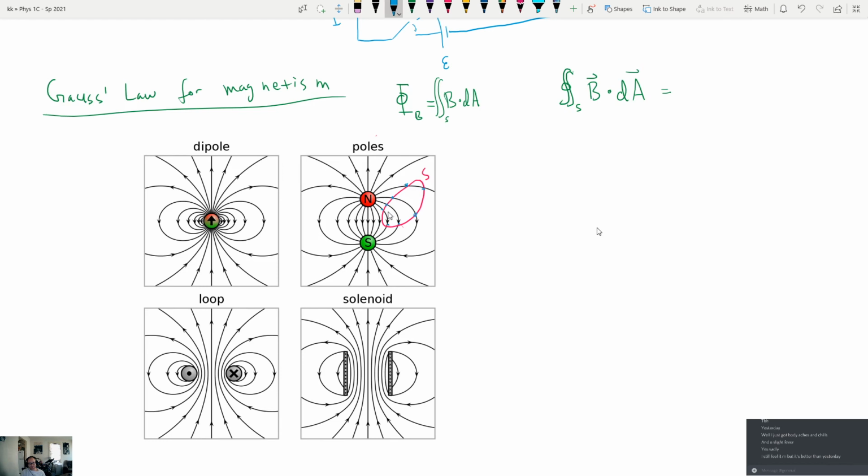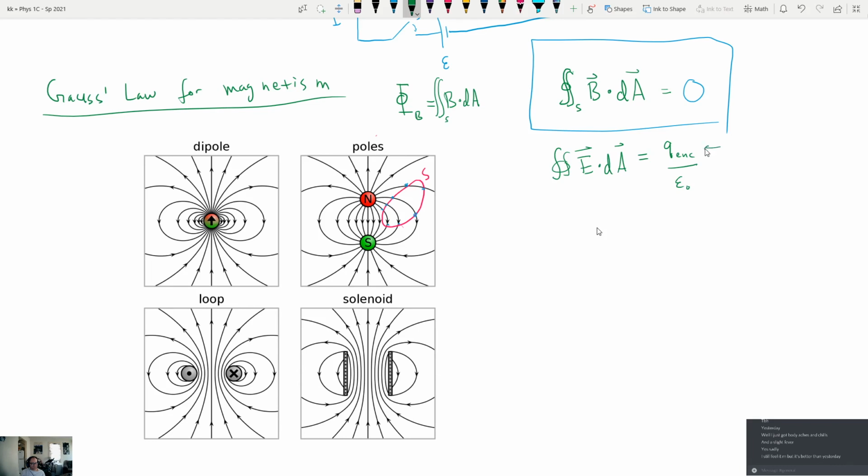So that is pretty much what you're always going to get with magnetic fields. This is Gauss's law for magnetism. And the reason why is pretty easy to see if you compare it to Gauss's law for electric fields. For electric fields, what you get when you do the integral of E dot dA is the charge enclosed divided by epsilon naught, right?